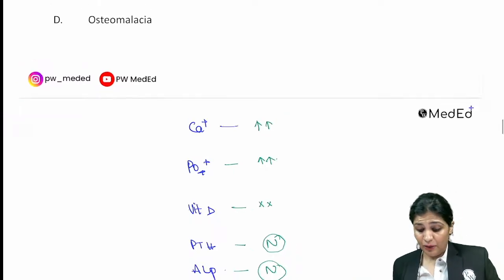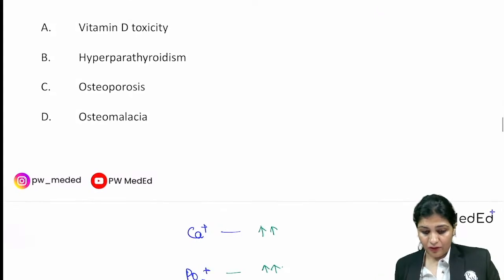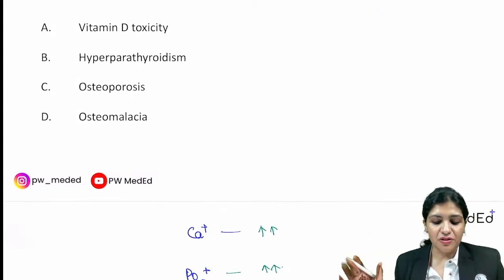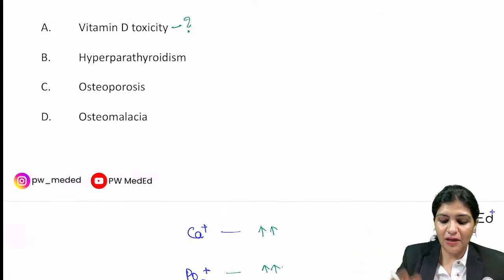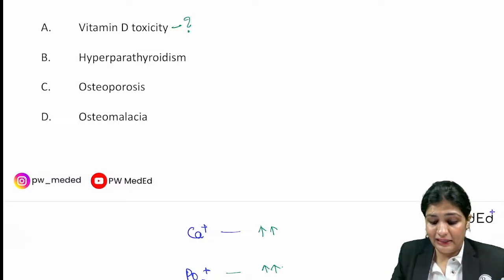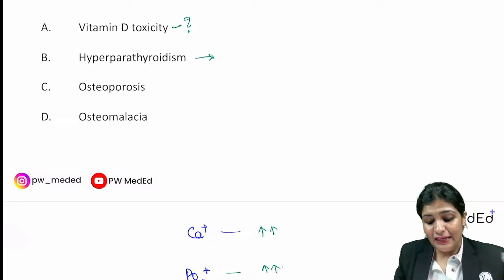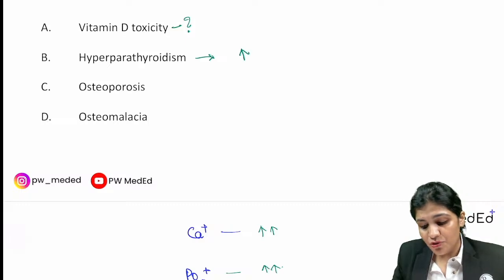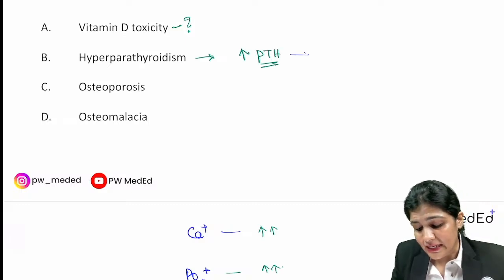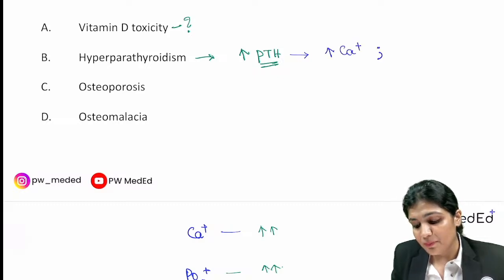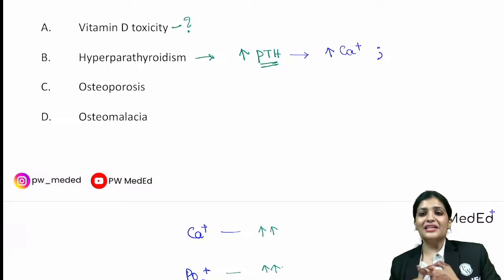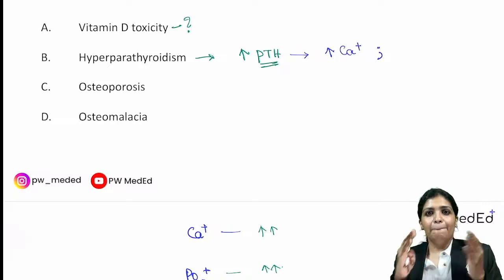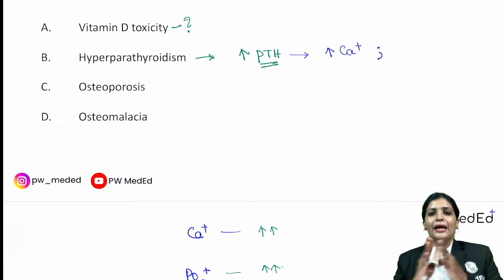So let us look at the options first. Vitamin D toxicity, we'll just put this as a question mark. Then we'll go for hyperparathyroidism. The name itself is telling, so there should be an increase of parathormone. Whenever there is an increase of parathormone, there is always an increase of calcium. But you have to remember that parathormone and phosphorus are not friends. So P and P, like poles, repel, right?